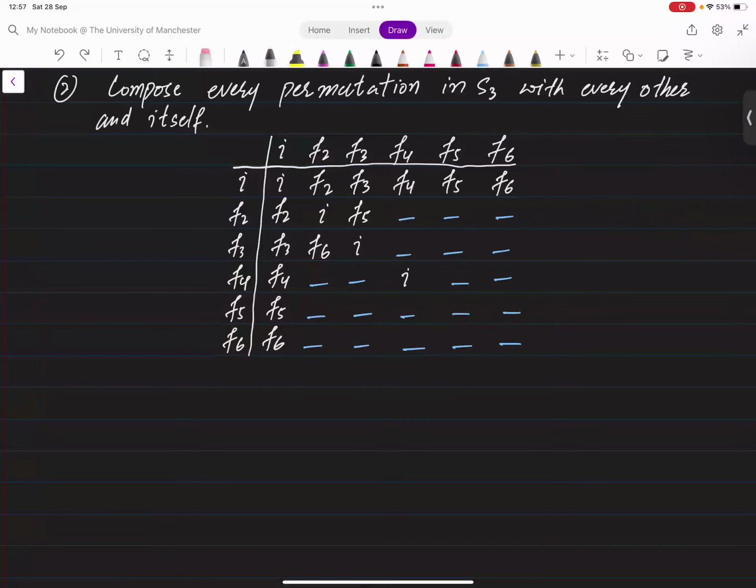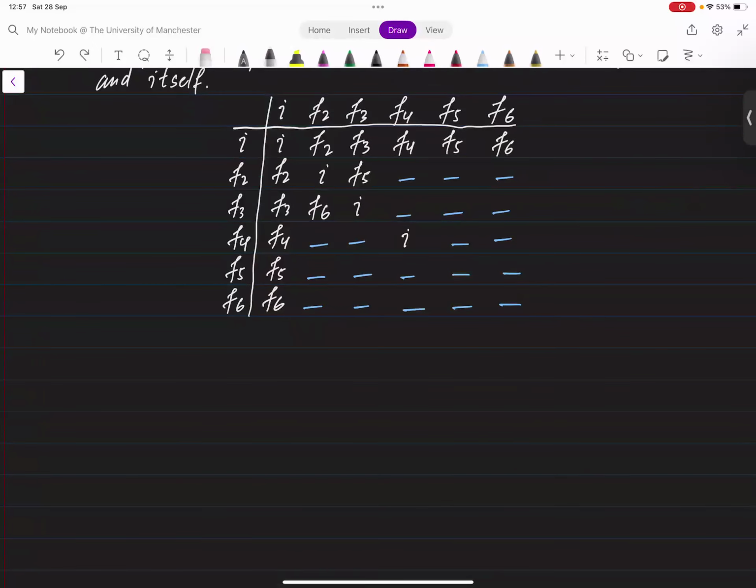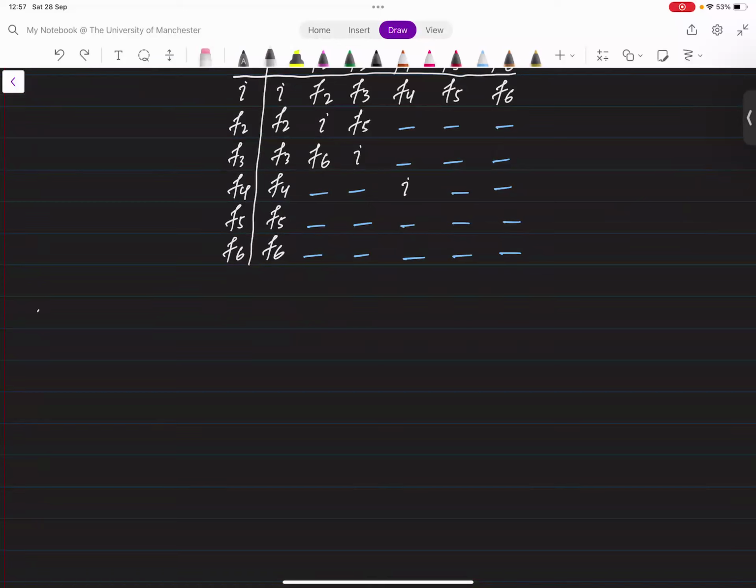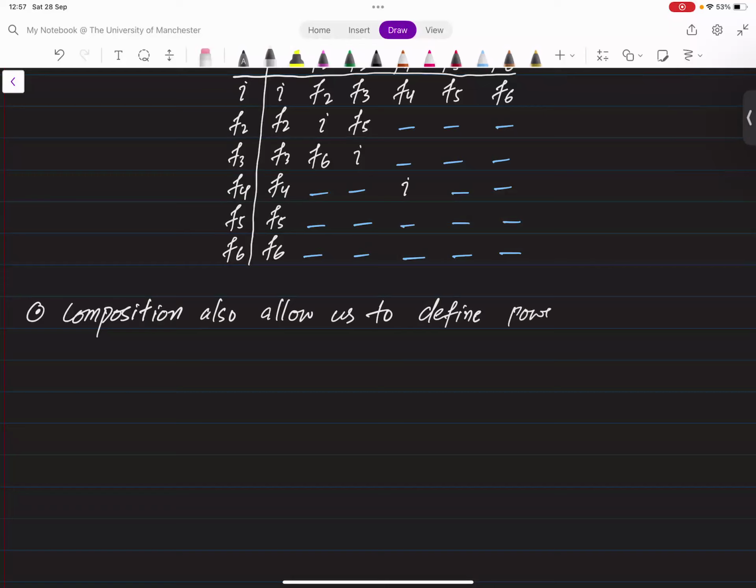So we are saying composition also allows us to define powers of permutations in a natural way.